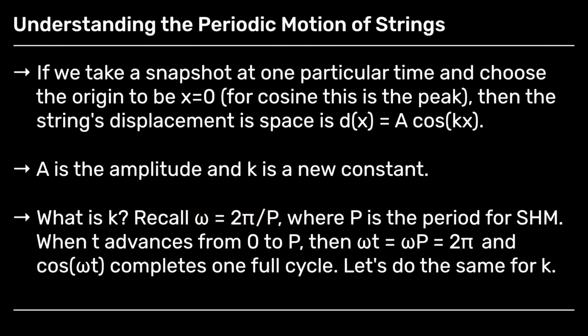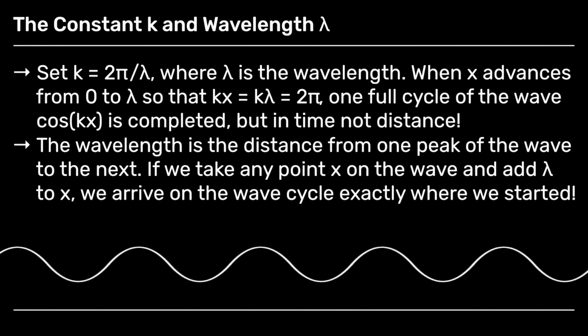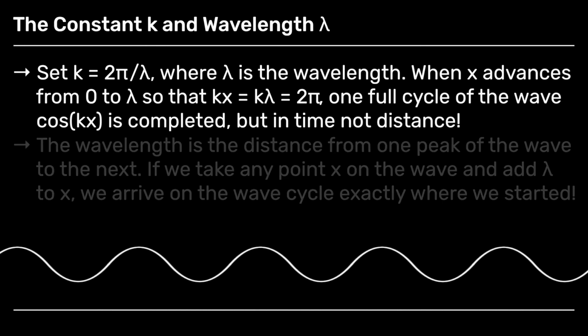Now, when t advances from 0 to P, then omega t is omega P, and that advances by 2 pi, and cosine omega t completes one full cycle. So let's take k and do the same: set k equal to 2 pi divided by lambda, where the Greek letter lambda is known as the wavelength.